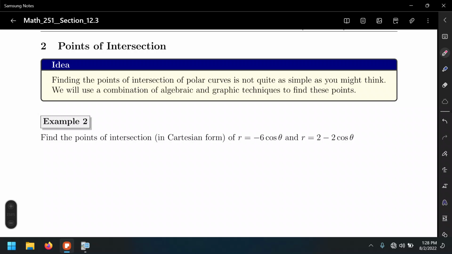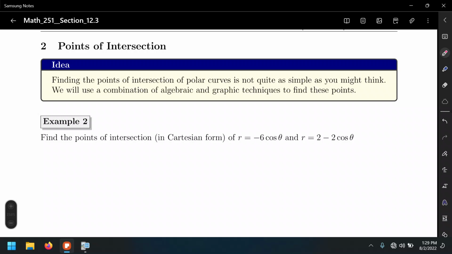Also, notice that we are working in the polar system first. We will get those points of intersection in polar form, and then we will have to convert those into Cartesian form. You know those formulas to convert those kinds of points, but of course we're going to review those here. We did that last week, I think.